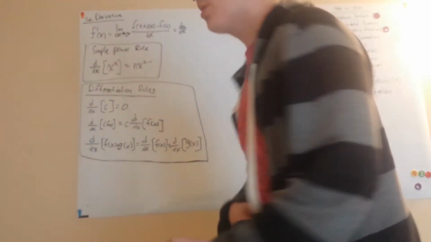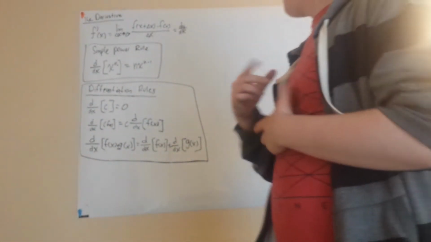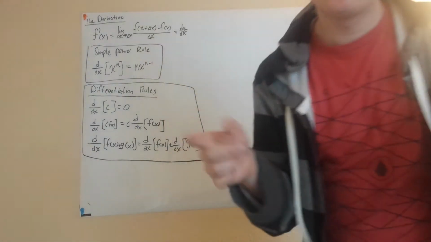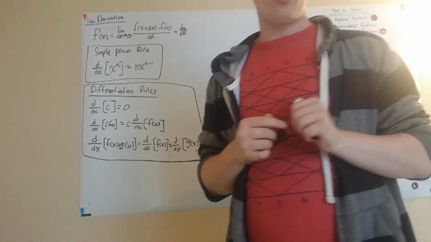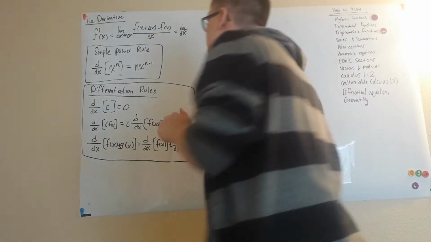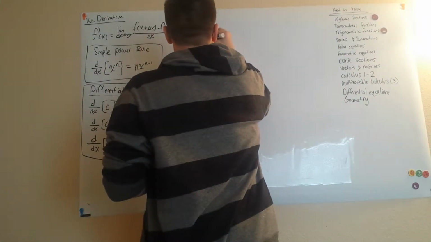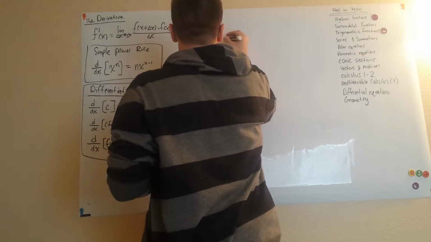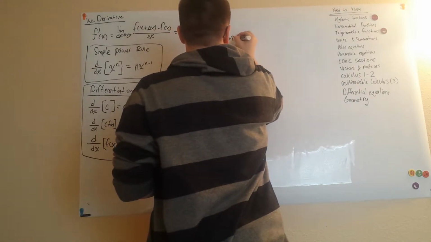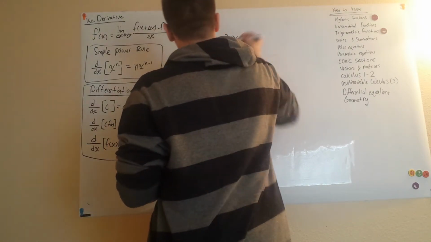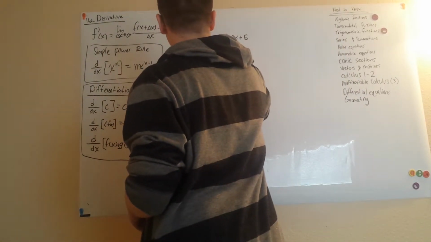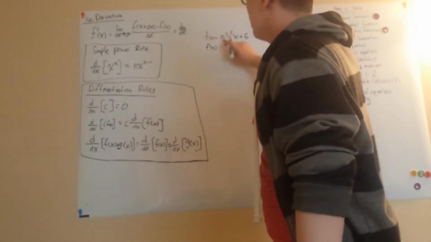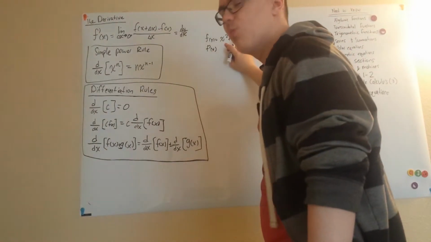Sadly enough, there's no separation by multiplication or division. It just gets worse. So let's do some differentiation. Let's say f of x equals x squared plus 2x plus 5. Find f prime of x. Well, hey, that's just simple power rule.